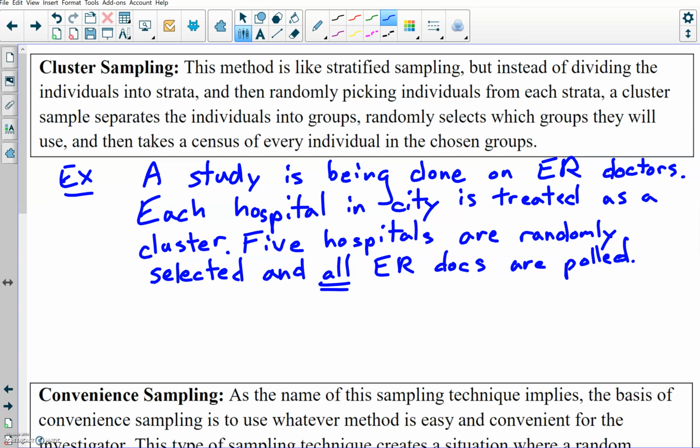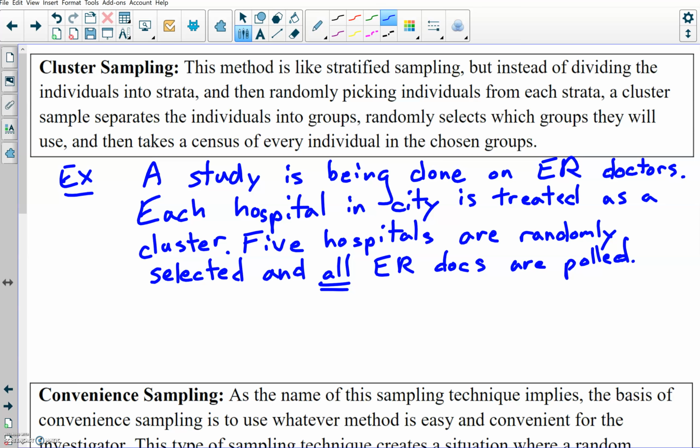So in this case, you broke the city's hospitals down into groups where each hospital was its own group, and then you went to just a few of the hospitals and took all the doctors from each hospital to form your sample.